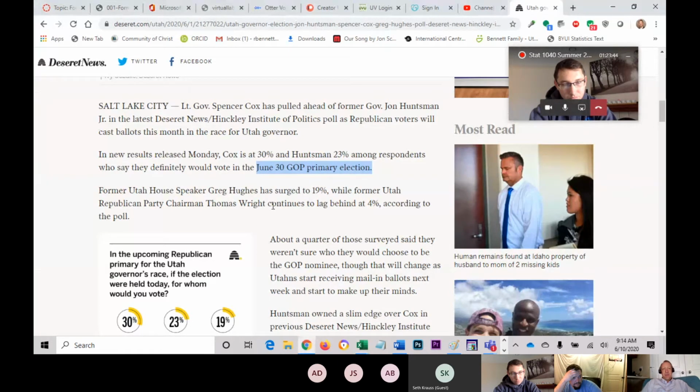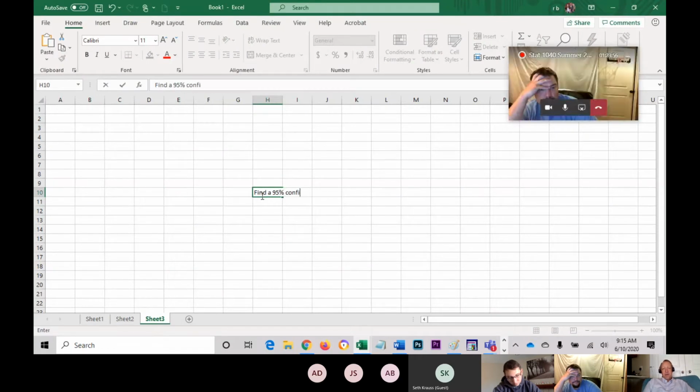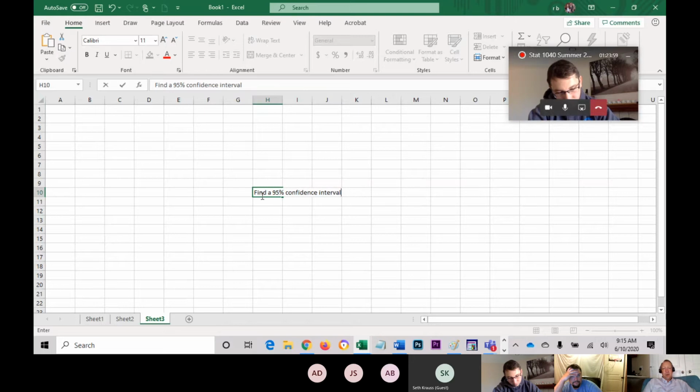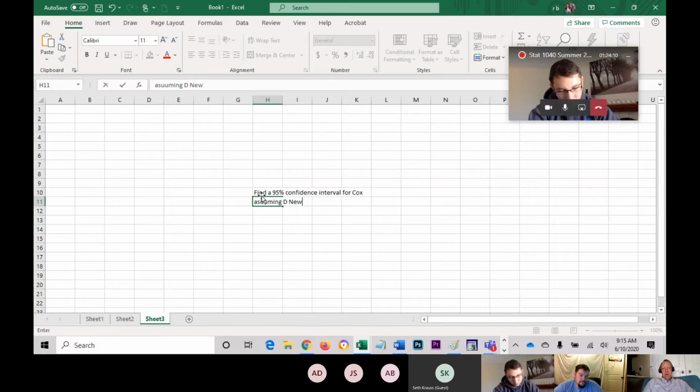So assuming that these values are correct, okay, find a 95% interval for Cox, assuming the DNews poll of 30% is correct, and you interview 578 people.